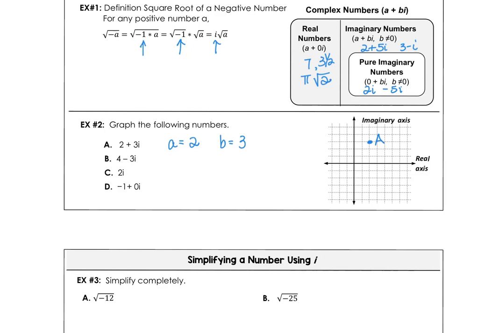So 4 minus 3i would be located 4 units right and 3 units down. This would be complex number b, and 2i would be on the y-axis, the imaginary axis, and then -1 plus 0i, that would be on the real number axis.